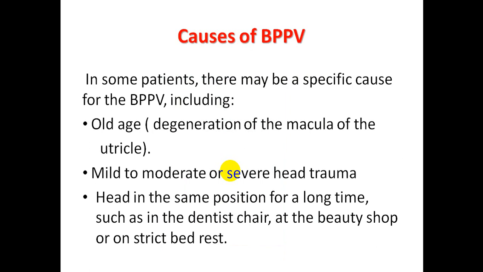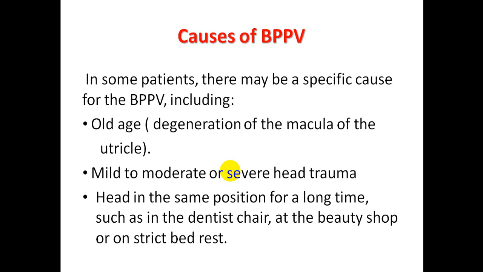But what are the causes of benign paroxysmal positional vertigo? What are the causes of dislodgement or displacement of these crystals? Number one, old age, as a degenerative process within the maculae of the utricle.